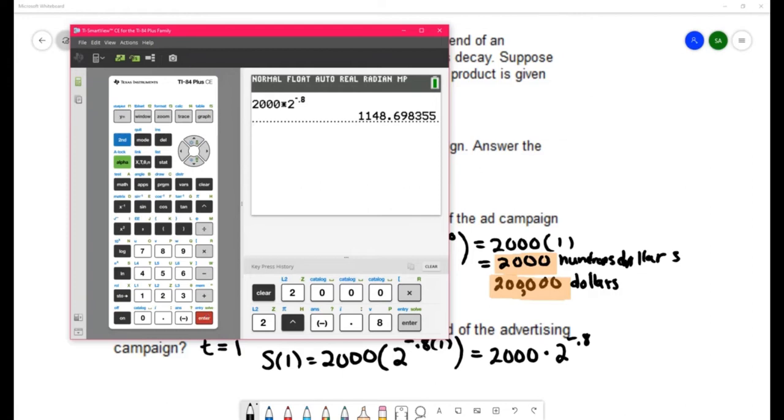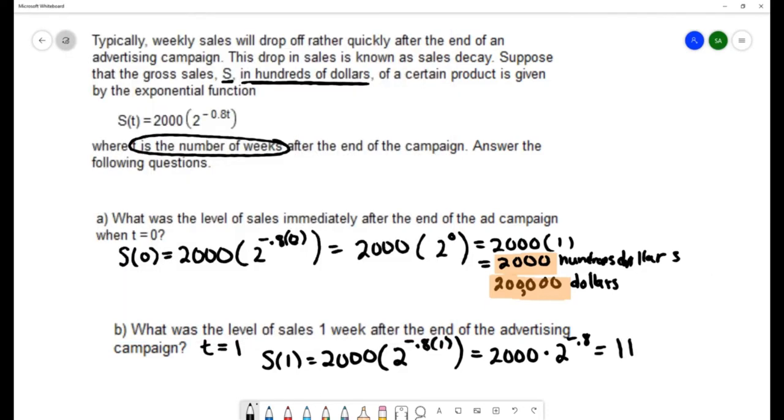And I'm going to round to the nearest whole number, so that's 1,149. So this is in hundreds of dollars. So if we turn that into dollars, we're going to add 2 zeros. But in your homework, we are going to use the units that they were giving to us.